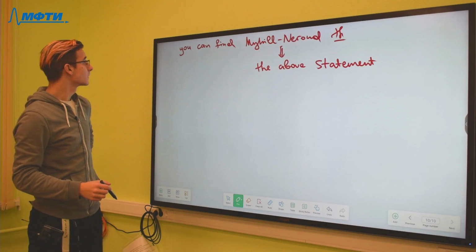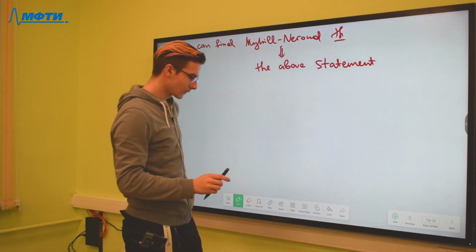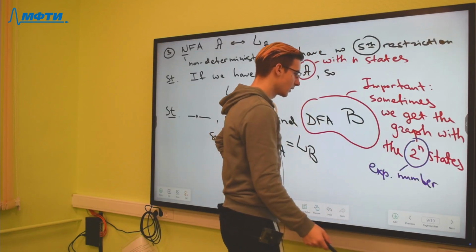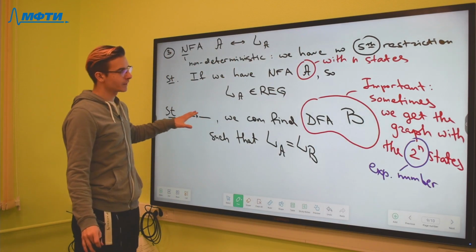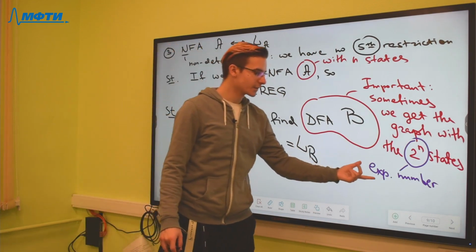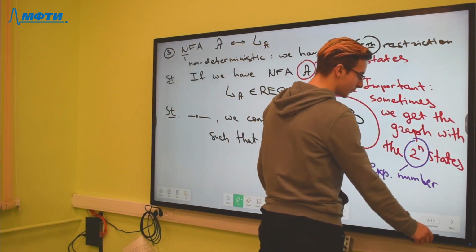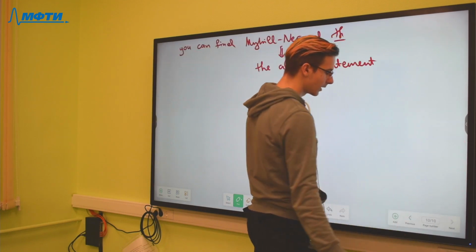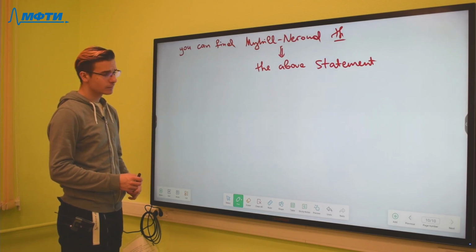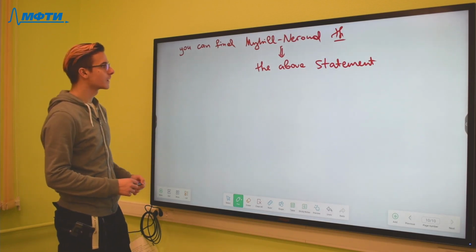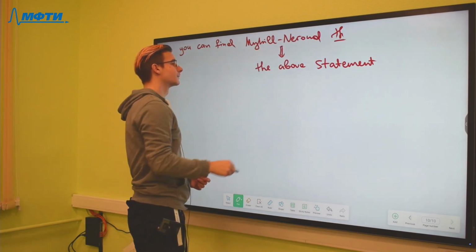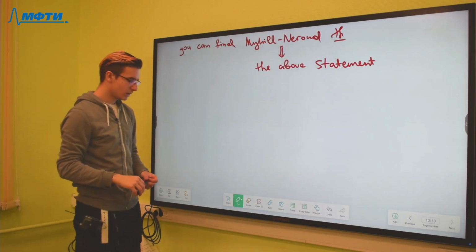So it is necessary to understand that if we try to make a DFA from an NFA with the same language, we can get an exponential number of states. And so in some applications we use NFA because it is simpler to implement.